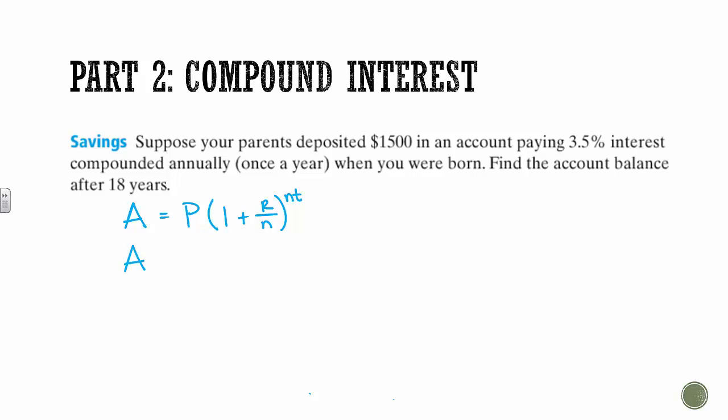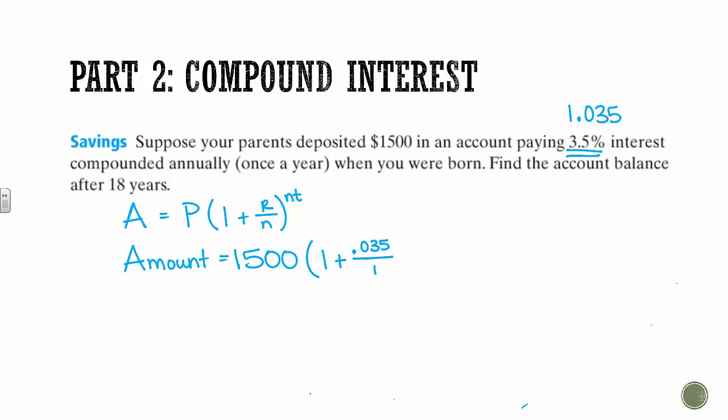So the total amount that you're going to get is your principal, so your starting value, just like before. And then this 3.5%, just like the 4% that Maya's grandpa gave her, this is really 1.035. So we have to take that into account. And we're only going to compound this once.